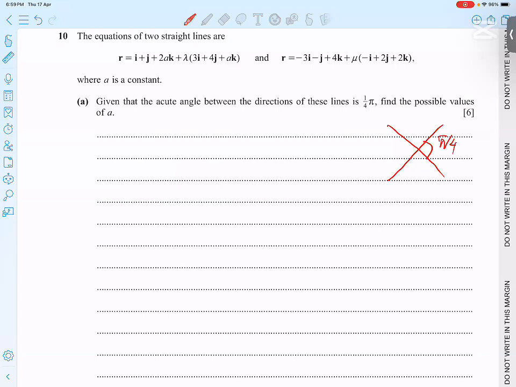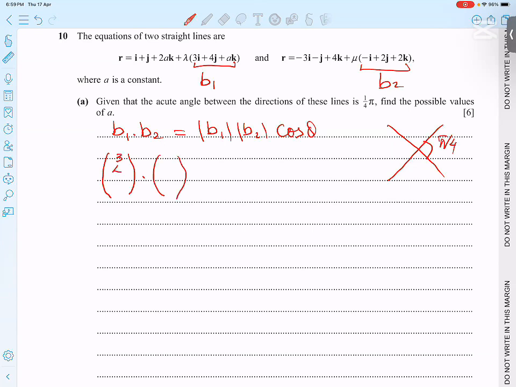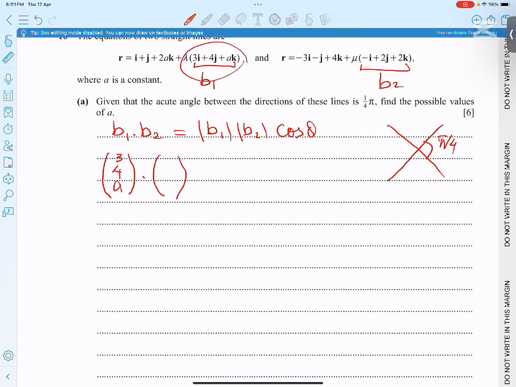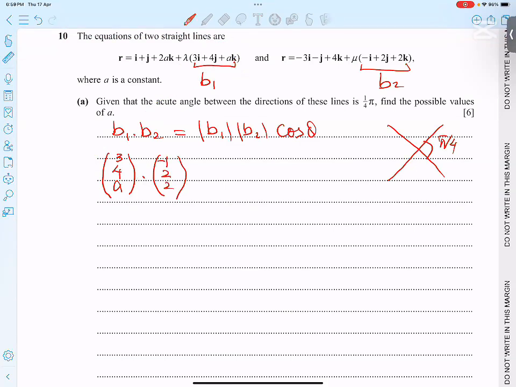So what is the formula basically used? We take this as direction number 1, b1. This I will take as b2. The formula is b1 dot b2 is equal to magnitude of b1 into magnitude of b2 into cos of the angle between them. So this 3, 4, a comes from here, and in the same way negative 1, 2, 2.